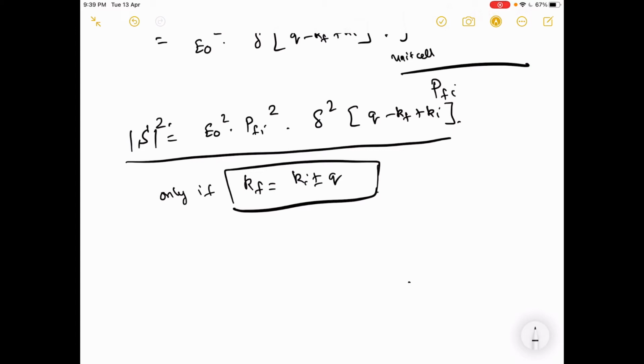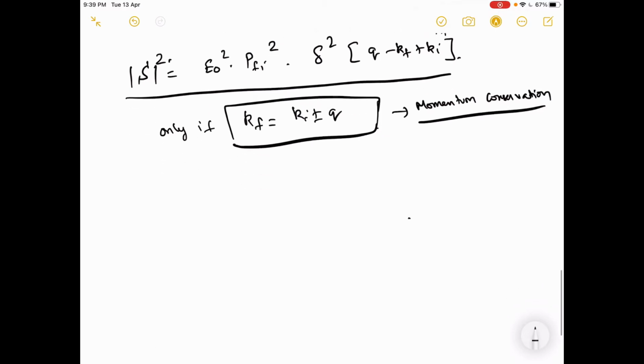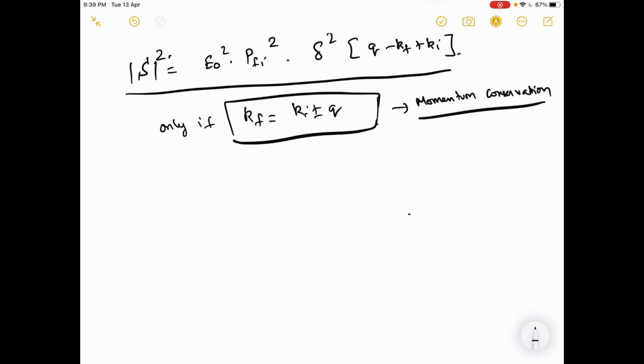So this is momentum conservation, which also has to be conserved when you have an interaction with an electron, and this is what finally gives you intra-band and inter-band scattering phenomena.